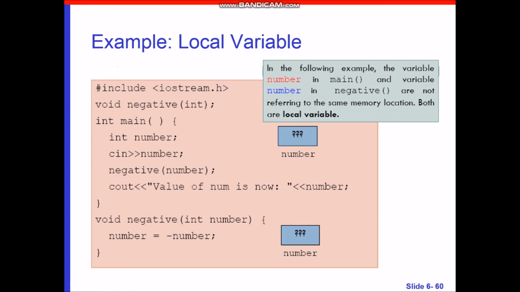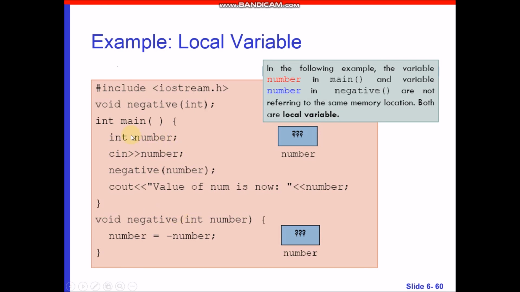So here, the variable number in the main function is not referring to the same memory location as the local variable in the function void negative, because it is a local variable.